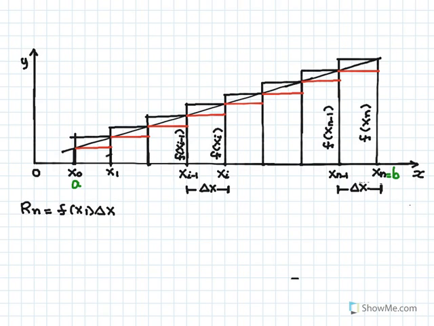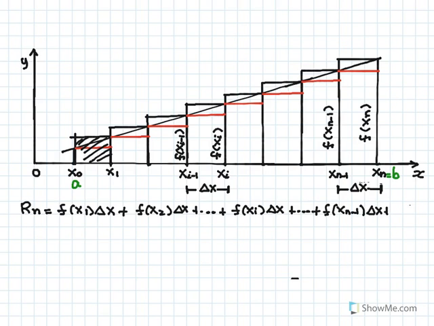That's basically the area of the first rectangle, plus f of x2 delta x, plus dot dot dot, plus f of xi delta x, plus f of xn minus 1, the value of x before the last one, times delta x, plus f of xn delta x. So this is using the right-hand point rule. The right-hand point rule evaluates the function at the right endpoint of each interval.